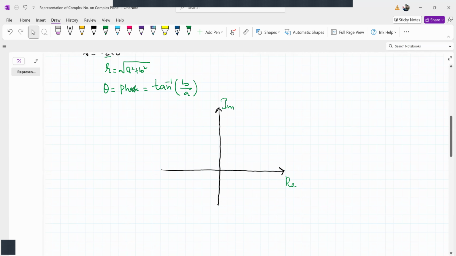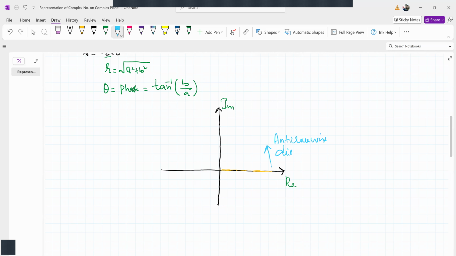Now, depending upon the value of theta, we move on this complex plane accordingly. First of all, how do we measure theta? Theta is measured from the real axis. Depending upon whether theta is positive or negative, we move accordingly on this plane. If theta is positive, we move from the real axis in the anti-clockwise or counterclockwise direction.